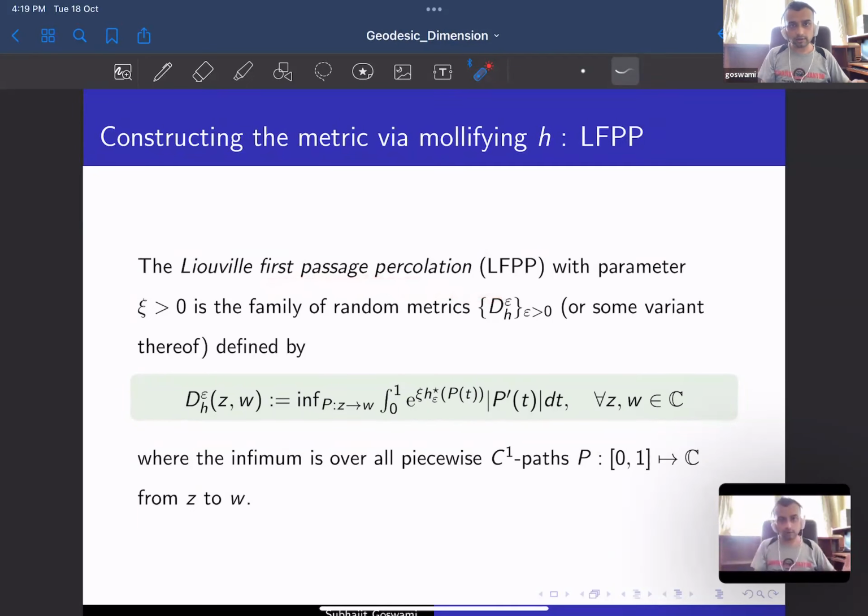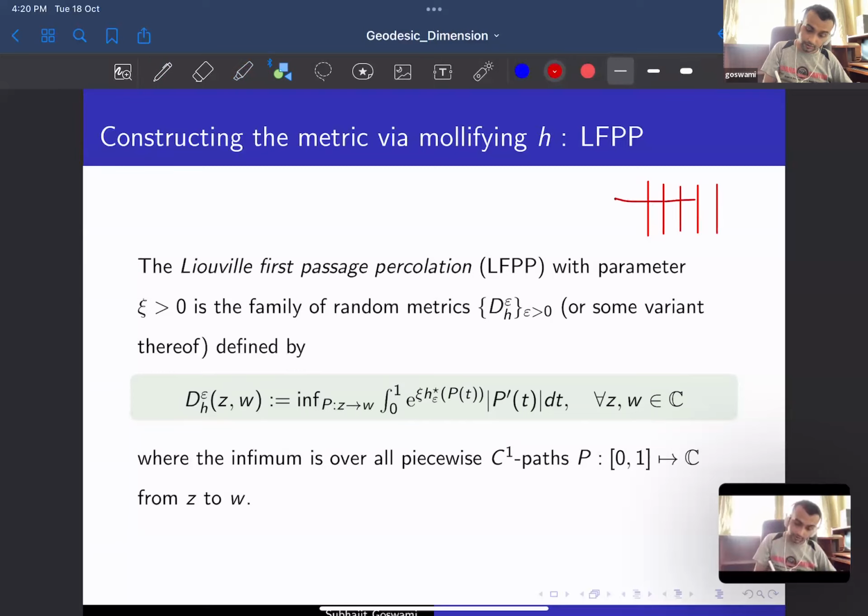There are two versions of it, one edge version and one vertex version. So for us, it will not matter. So what you do is, let's say the edge version. So to each edge, you assign independent and identically distributed non-negative random variables.